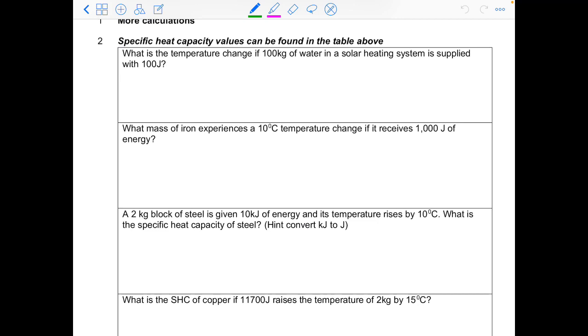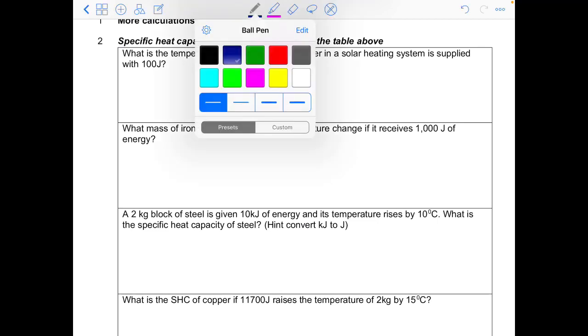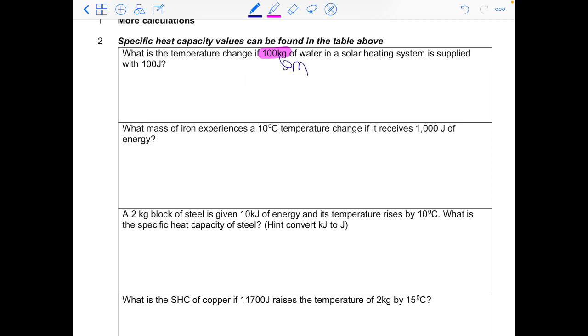So the first one, specific heat capacity values can be found in the table above. So we can look at that table that you've written down in your books. So the temperature change of 100 kilograms of water. So we know that this is our mass. In a solar heating system is applied with 100 joules. So this is our change in energy. We're looking for the temperature change. So that is what we don't know.